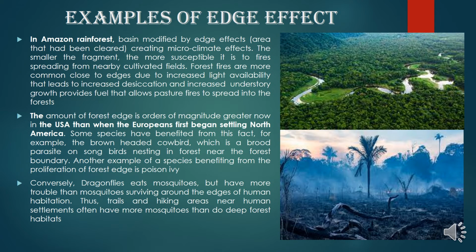There is a very good example in the Amazon rainforest, one of the densest rainforests. In the last decade, we have been seeing frequent forest fires there. This is a picture I took of the Brazil forest fire that happened a few years back.